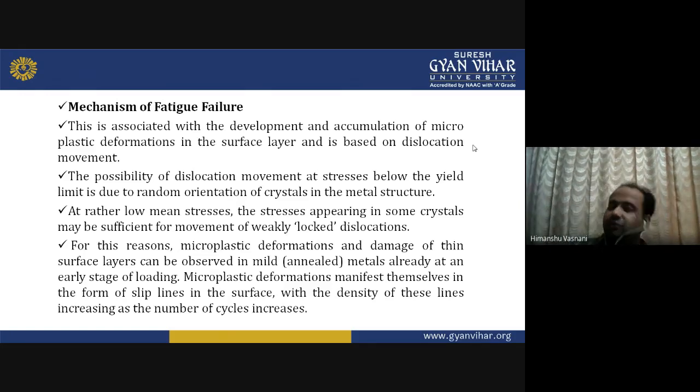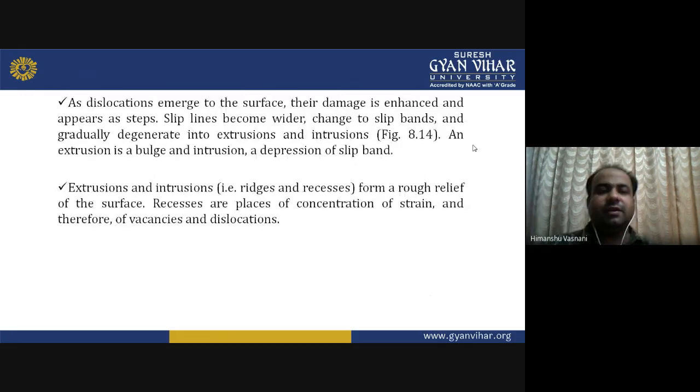The microscopic deformations manifest themselves in the form of slip lines in the surface, with the density of these lines increasing as the number of cycles increases. In this way the mechanism of fatigue failure proceeds. As dislocations emerge to the surface, the damage is enhanced and appears as steps.